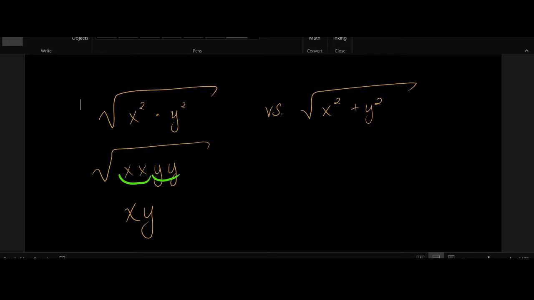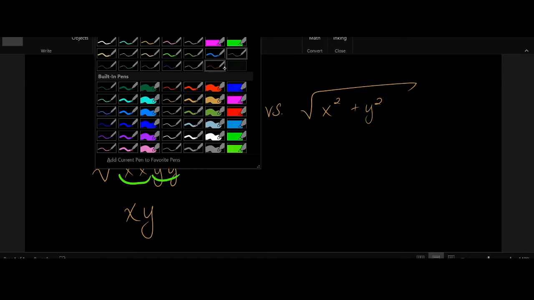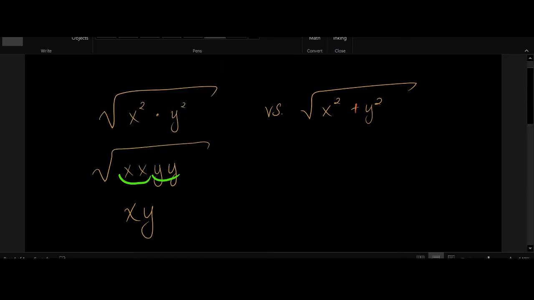However, what happens if we change that x squared times y squared into the much more sinister x squared plus y squared? In this case, the square root on the right side cannot be simplified at all.